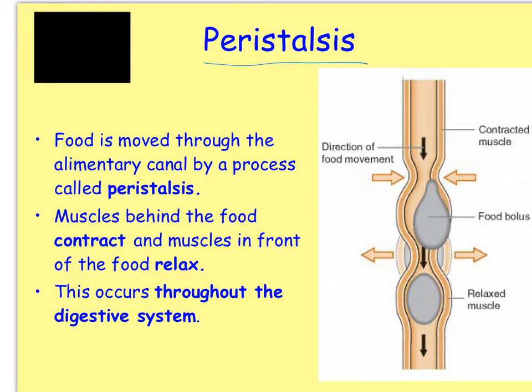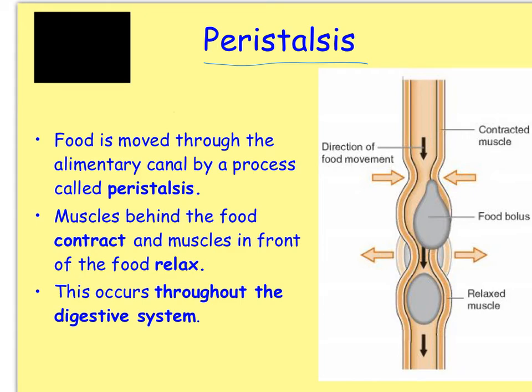And how does that food make its way down the esophagus to your stomach and then to the other parts of the tube, the small intestine, the large intestine and so on? Is it just gravity that's moving it through there? Well, it's not actually.